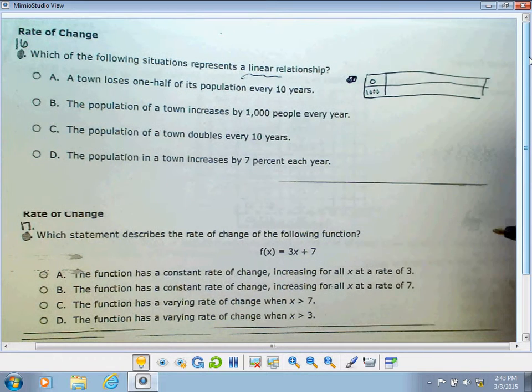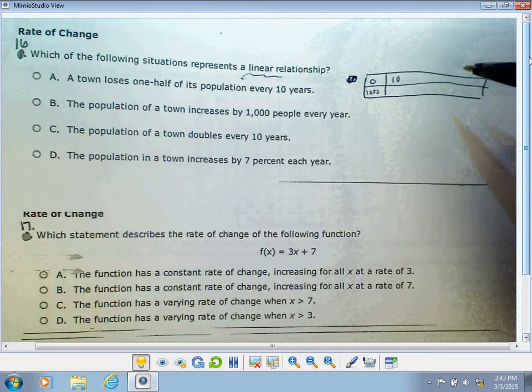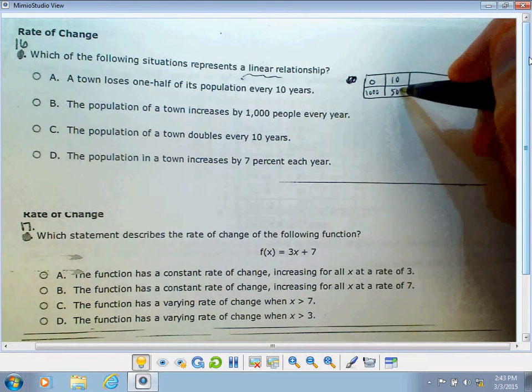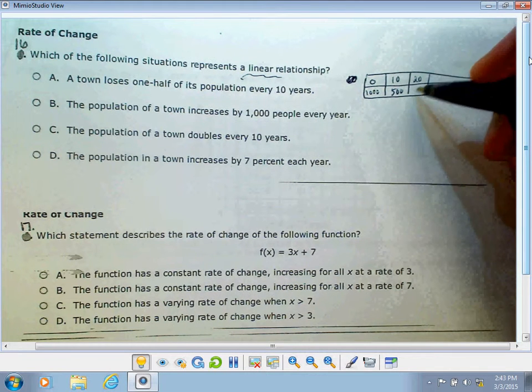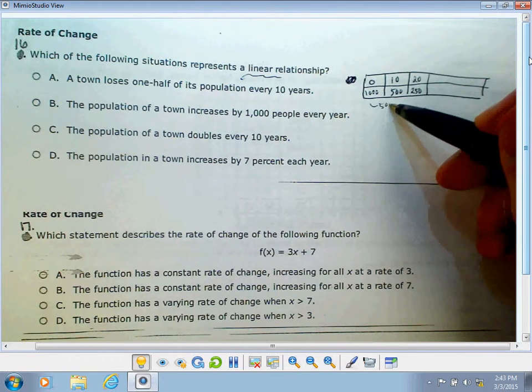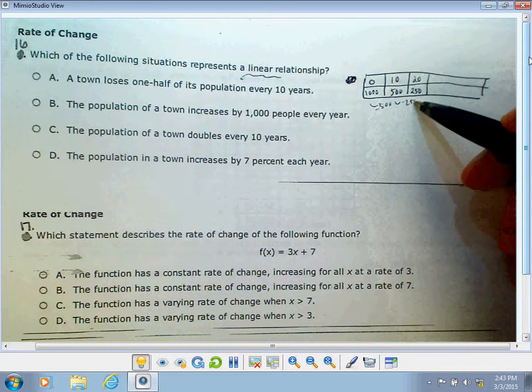Okay, pretty small, but it started at 1,000 people. Every 10 years, so 10 years later, it says it loses 1/2 of its population. That's down to 500. After another 10 years, so in 20 years since the start, it's down again by half. That's 250.